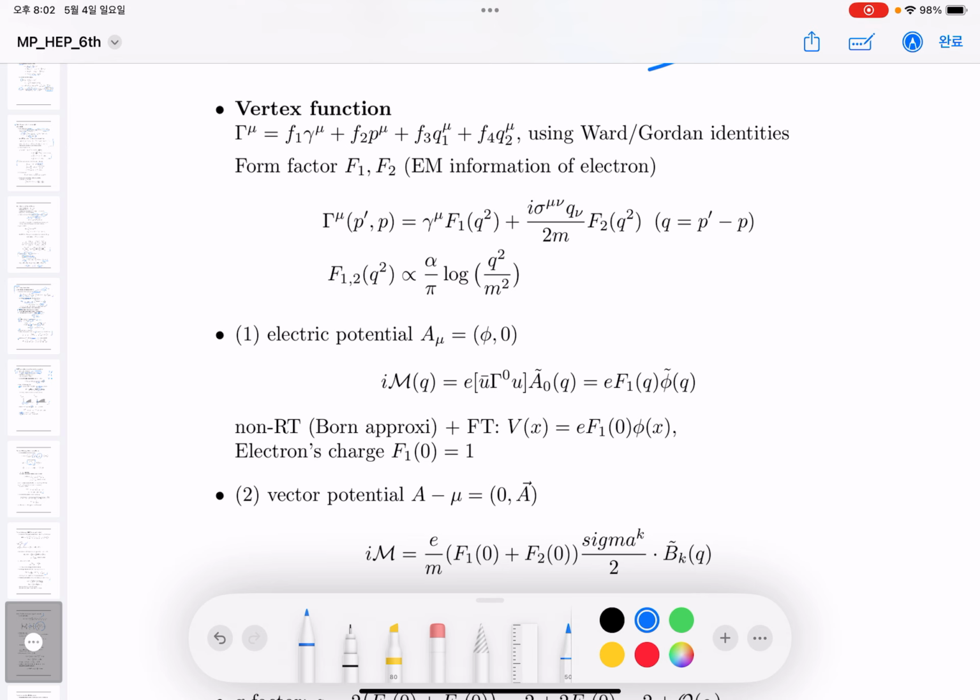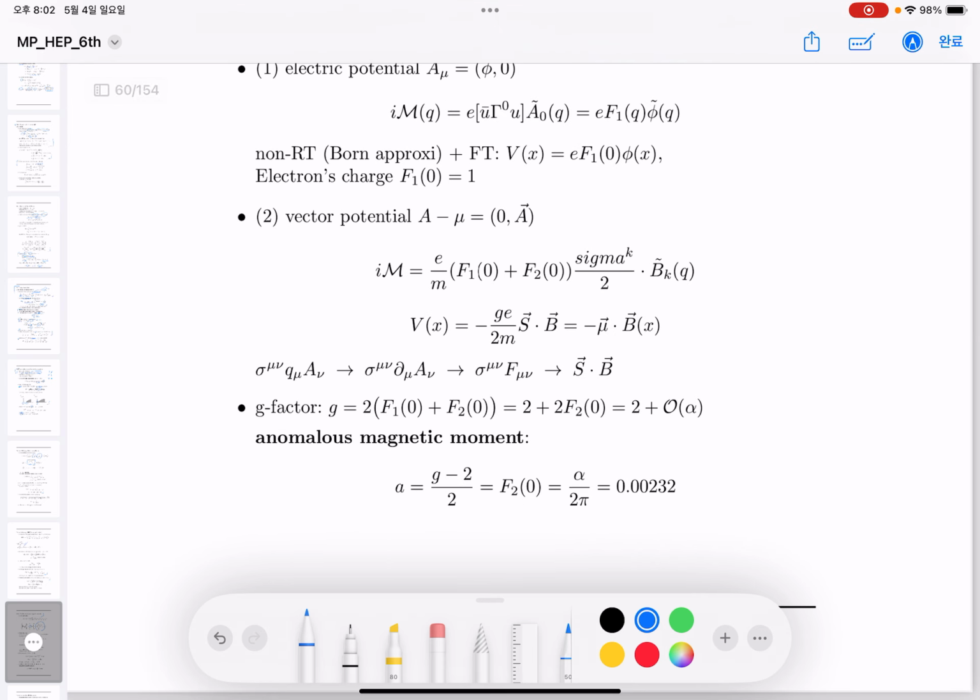F1 corresponds to the electric charge, and F2 corresponds to the magnetic moment, and the combination of F1 and F2 gives the anomalous magnetic moment, and such g-factors arising from the anomalous magnetic moment can be tested at the one-loop level. In the QED case, this a, the deviation from the 2, is given by alpha over 2 pi. Alpha is the fine structure constant of QED.